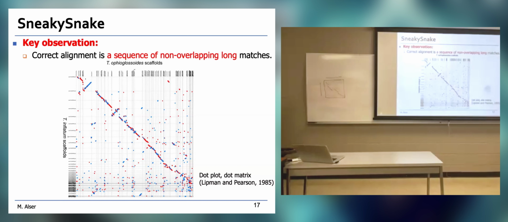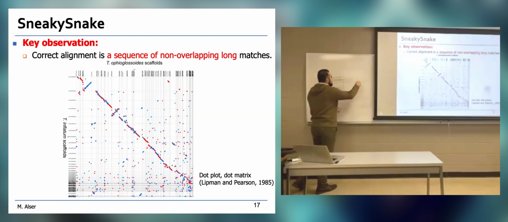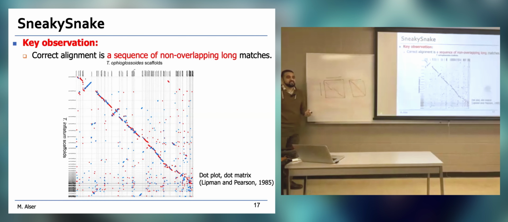So when you look at it, whenever we have a variation, we break down the very long matches into more pieces, right? If we don't have any variation at all, then we'll have the matches in the main diagonal, as simple as that.